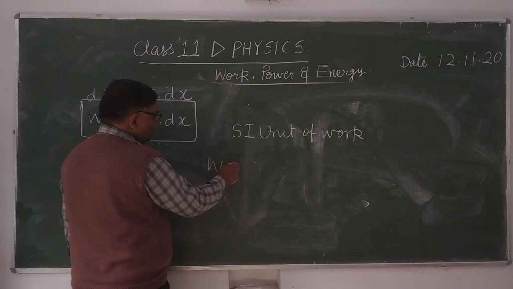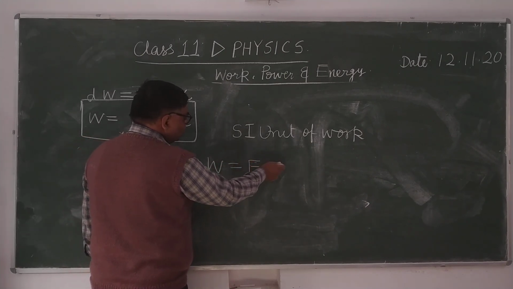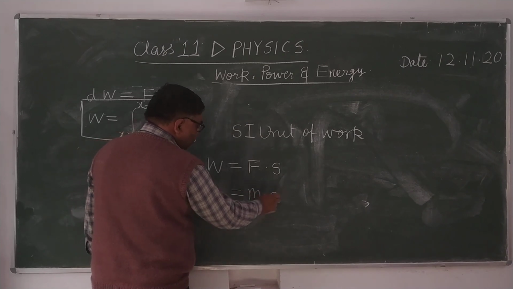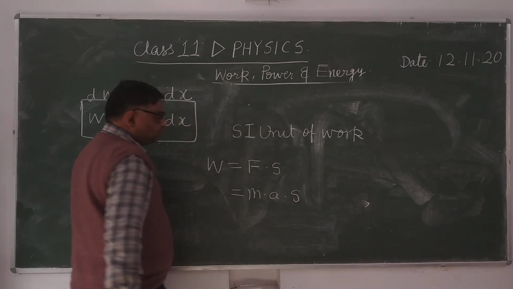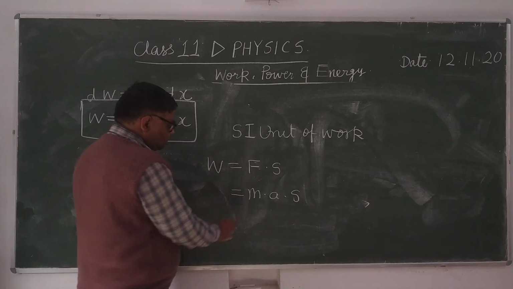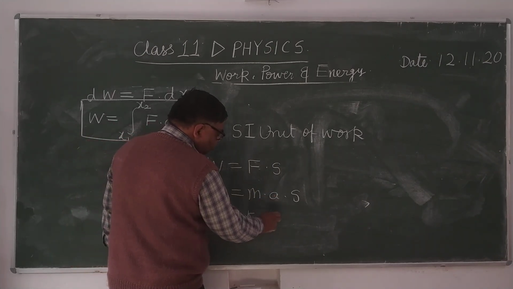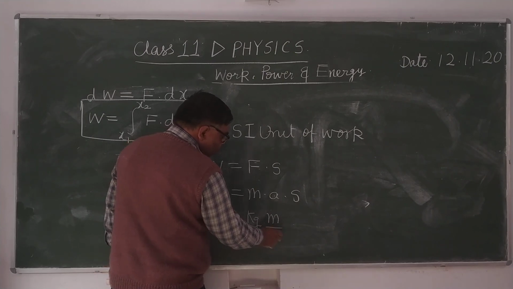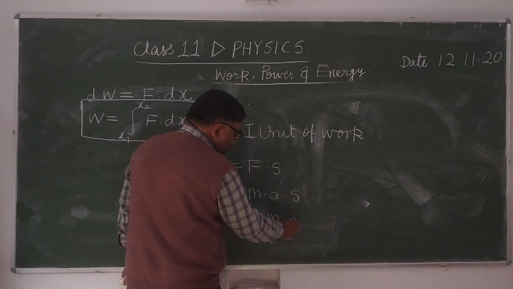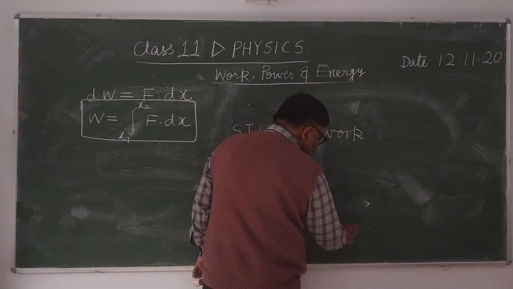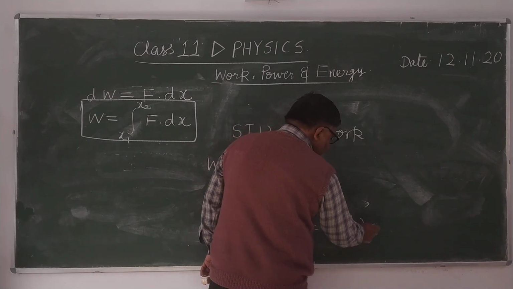W equals F into S. Now you can write F as M into A, into displacement. M is kilogram, acceleration is meter per second square, and displacement is meter. So the MKS unit is kg meter square per second square.